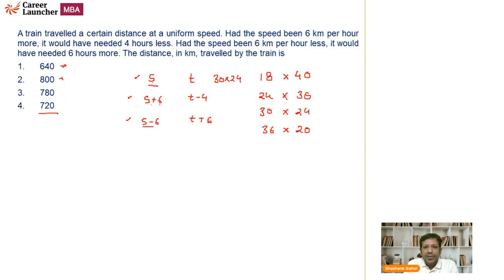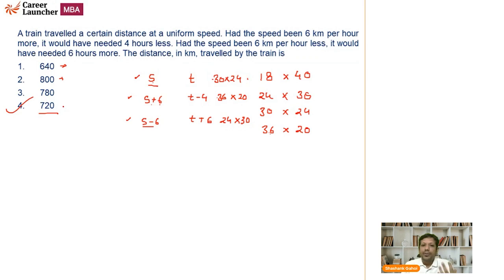Okay. If speed increases by 6, so 36 into 20. Then it can be said that if speed decreased by 6, so 24 into 30, time increased by 6. So if you see, speed increased by 6, time decreased by 4, fair enough. Speed decreased by 6, time increased by 6, fair enough. So all the conditions are satisfied in this question. So my answer to this question is going to be 4.